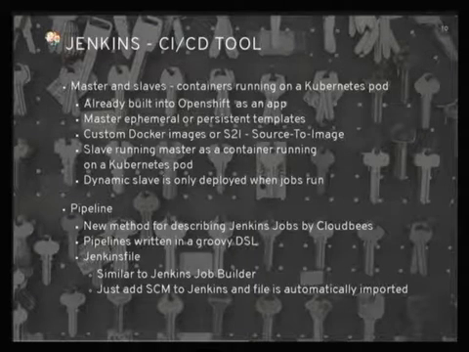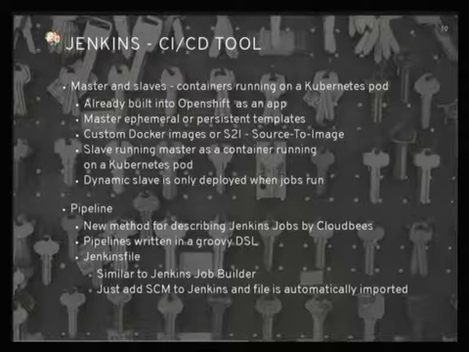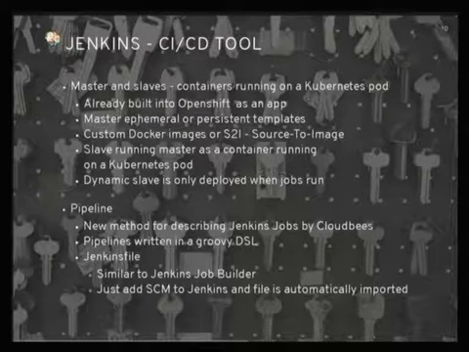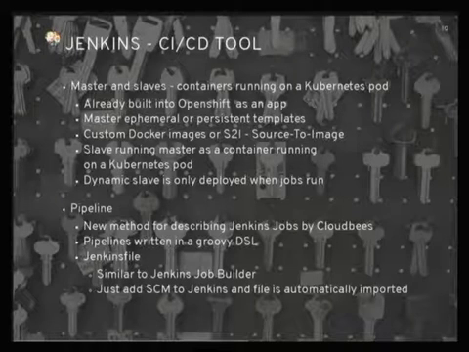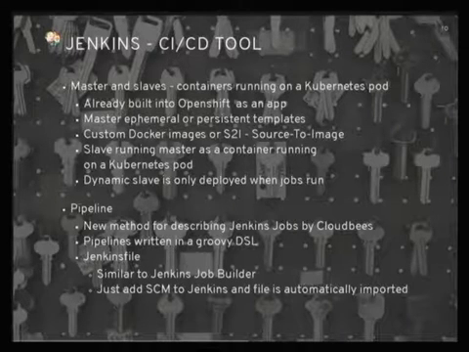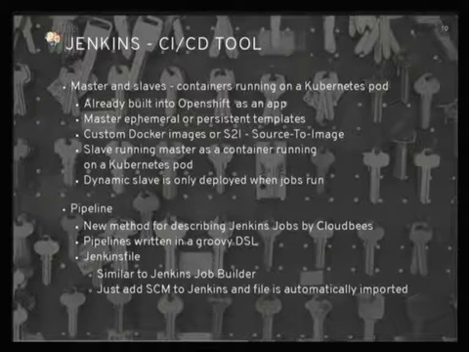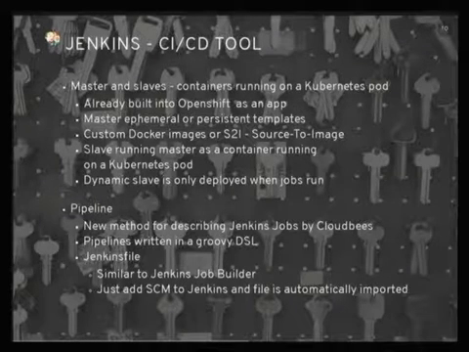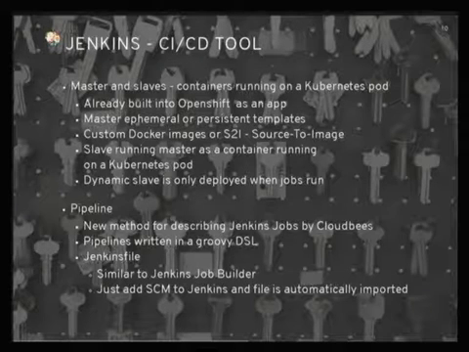And then there's pipeline, and this is CloudBees' new method of describing Jenkins jobs. It's all written in Groovy DSL. It is getting better. If you don't know Groovy, initially it was a little cumbersome, but they're making more of a declarative language for it. And it's all contained in this Jenkinsfile.